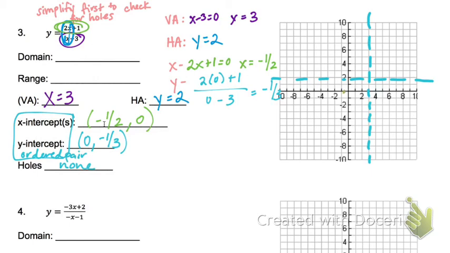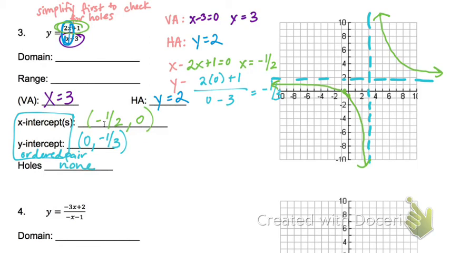So 0, negative here. So these are my 2 points. They're going to go towards the asymptote, and they're always in opposite corners. It does not matter how I draw my second part. I just know that it's going to be diagonal from the one that I have. So plot your x and y intercept, and then put your other one in the opposite corner.